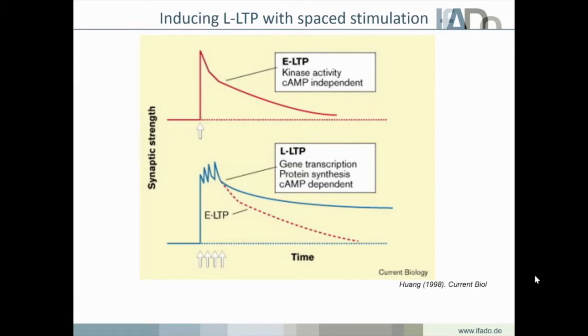And one way of inducing late phase LTP is by repeated stimulation. With this protocol, you are stimulating a number of times with a critical interstimulation interval. And your ability to induce late phase plasticity is critically dependent on these intervals between the stimulations.